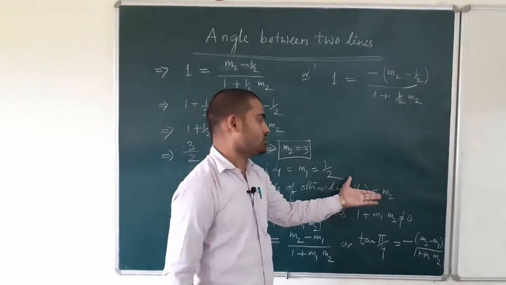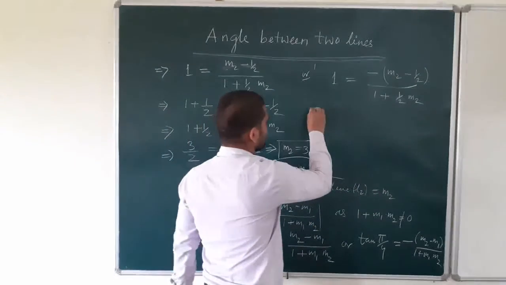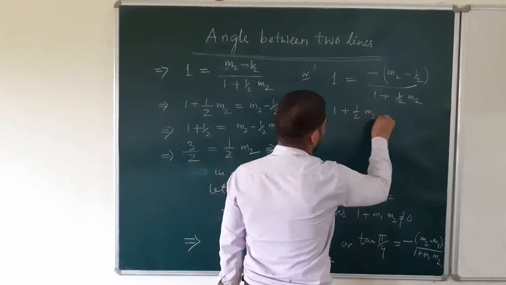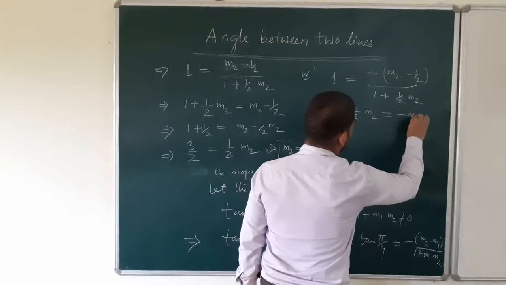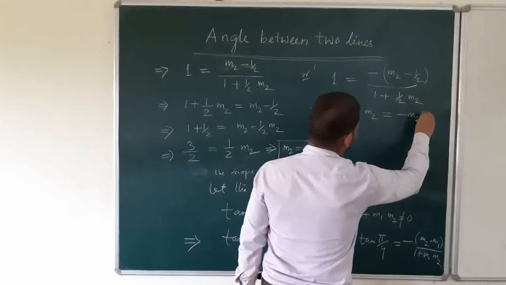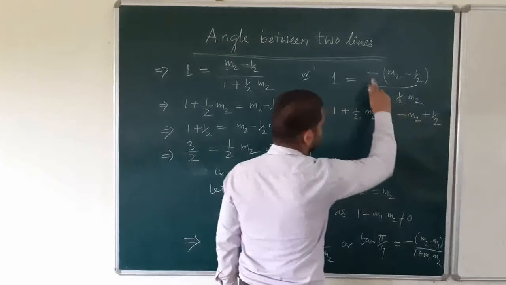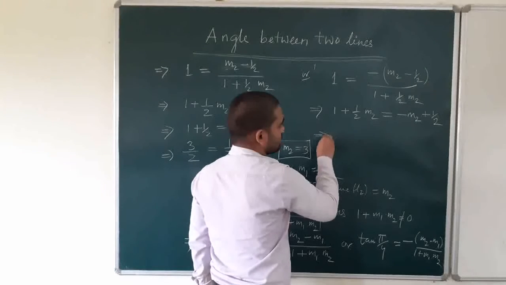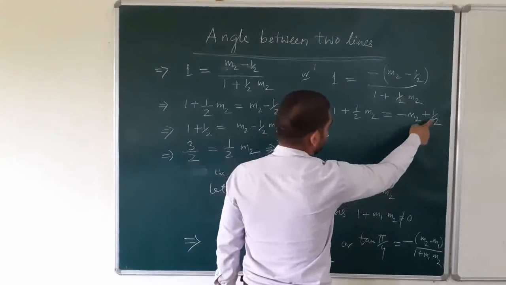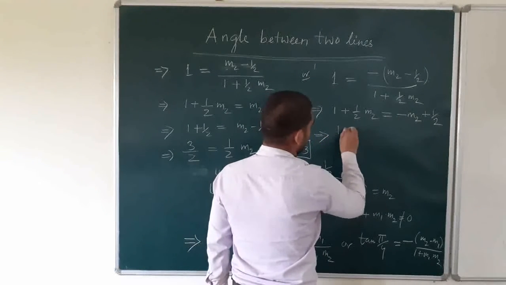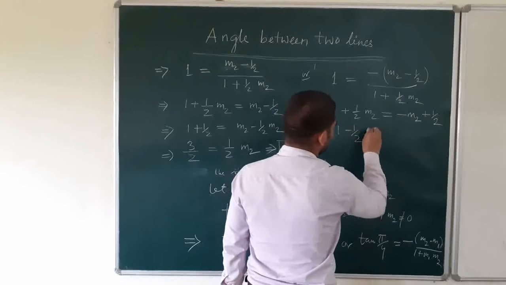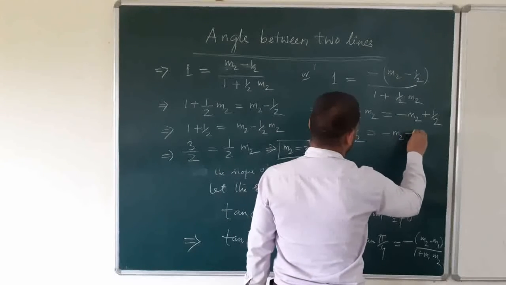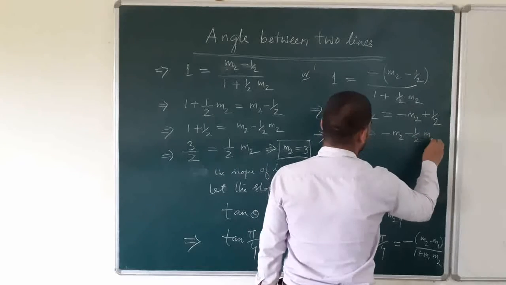Now we shall solve the other one. Then you get 1 plus 1 by 2 m2 is equal to minus m2 plus 1 by 2. You open the bracket, then you get 1 minus 1 by 2 is equal to minus m2 minus 1 by 2 m2.